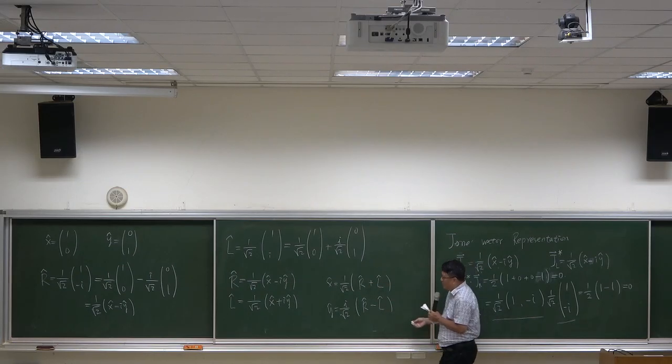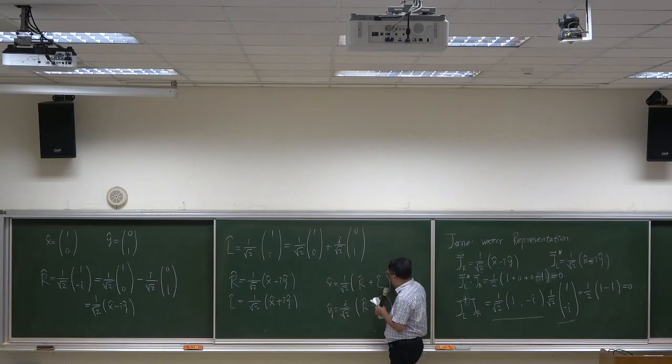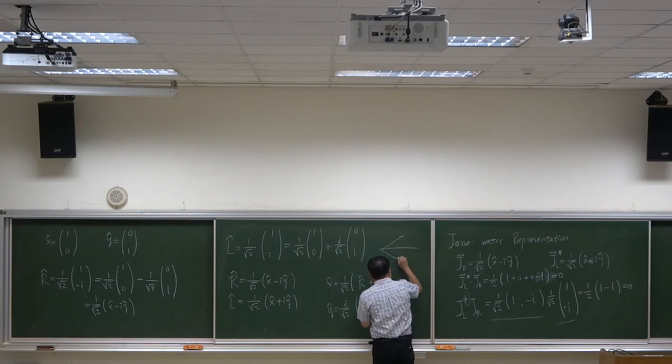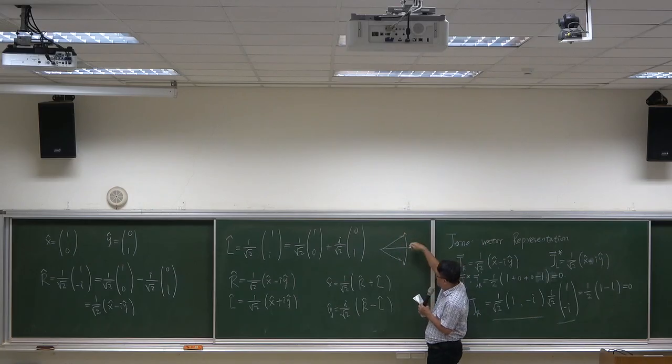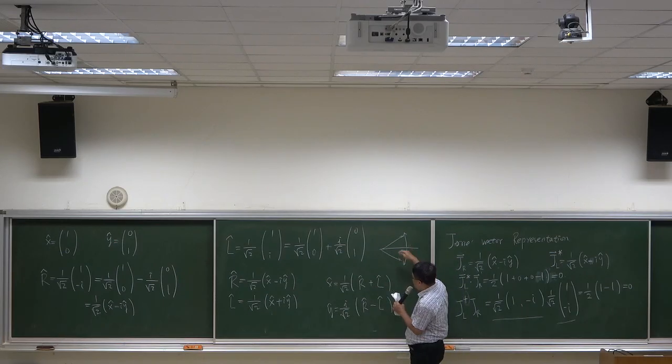For example, the X polarization. An X polarization can be understood as you have a component rotating counterclockwise. You can have another component rotating clockwise. Then you sum them over. Then you get the polarization vibrating along the X direction.